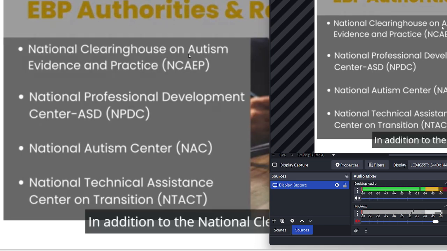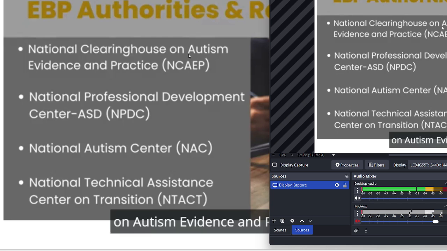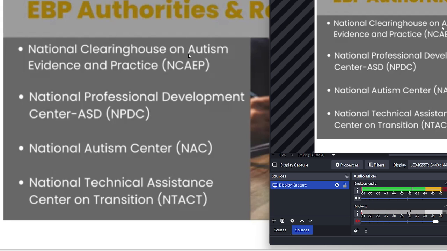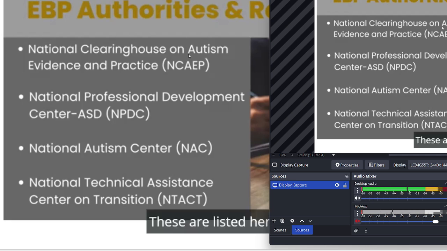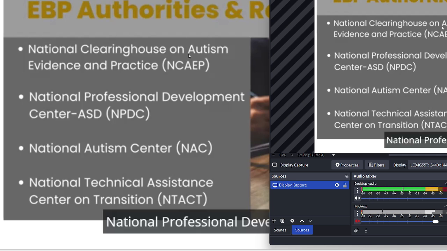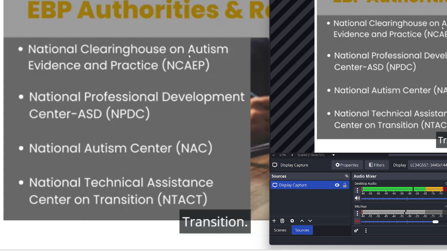In addition to the National Clearinghouse on Autism Evidence and Practice, there are several other national authorities on evidence-based practices. These are listed here: the National Professional Development Center, the National Autism Center, as well as the National Technical Assistance Center on Transition.